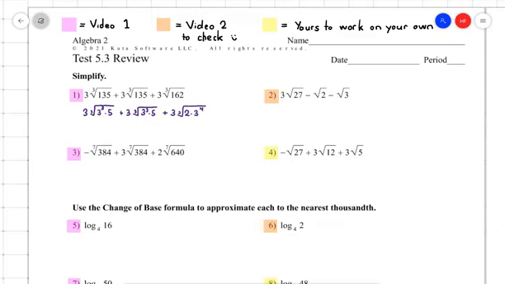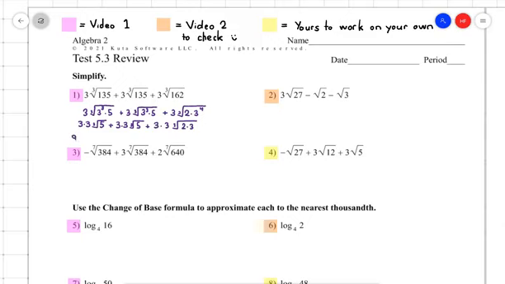And then anything that matches the index in its power or higher is going to come up to the front. So now we've got 3 times 3, cube root of 5, plus 3 times 3, cube root of 5, plus 3 times 3, cube root of 2 times 3.